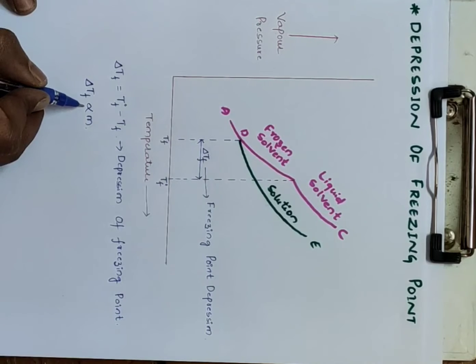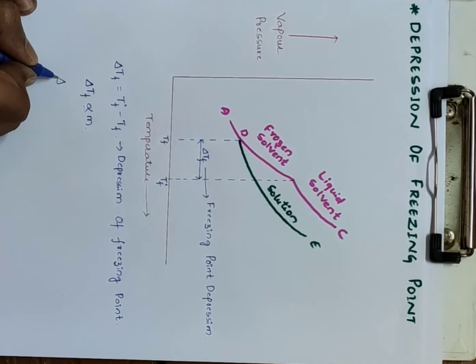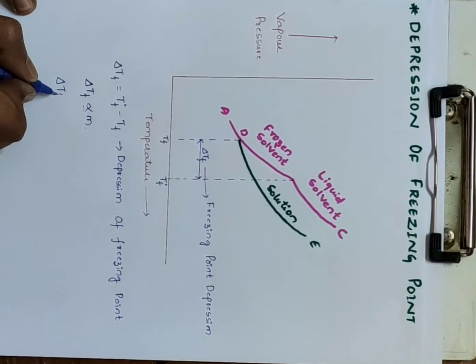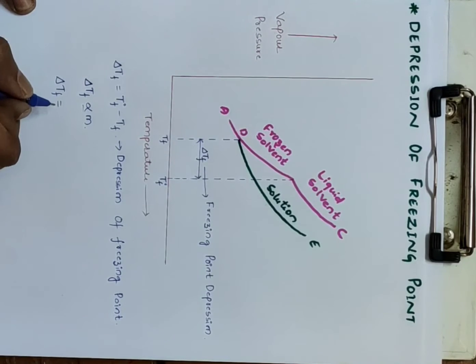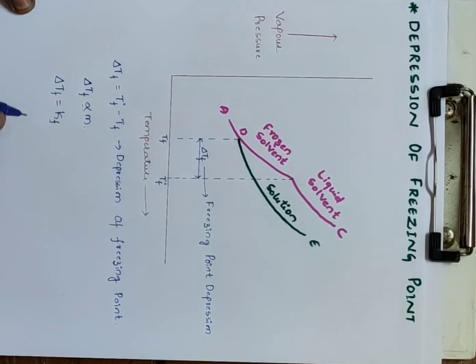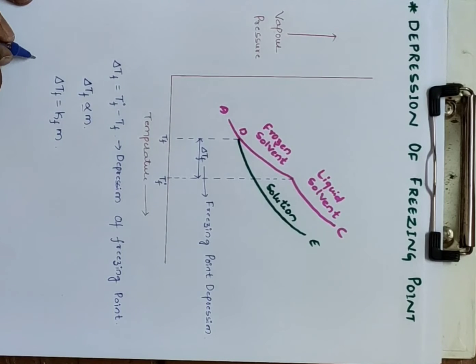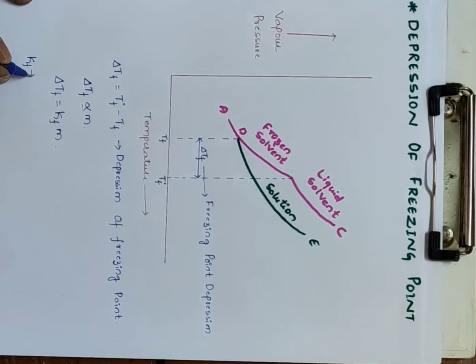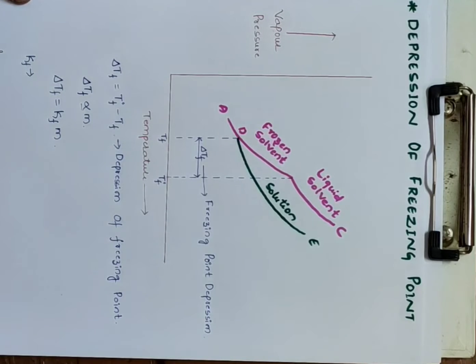Now if I remove this proportionality sign, delta TF is equal to, I need to introduce one constant term, I will take KF for freezing point, into molality. Where this KF is known as the freezing point depression constant or molal depression constant, or even the cryoscopic constant, and m is the molality of the solution.